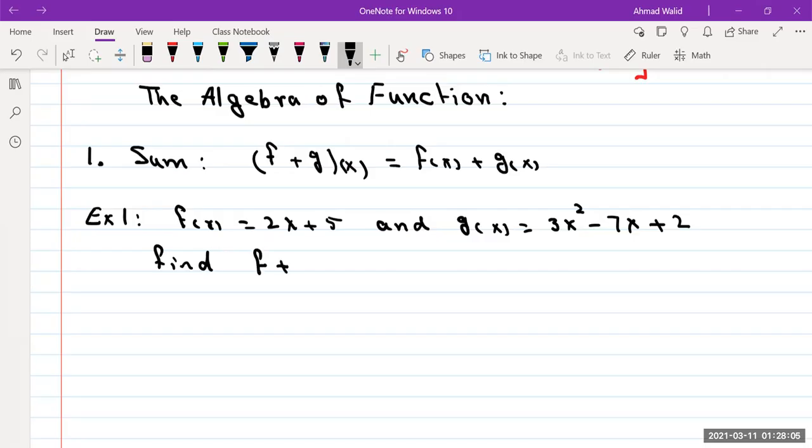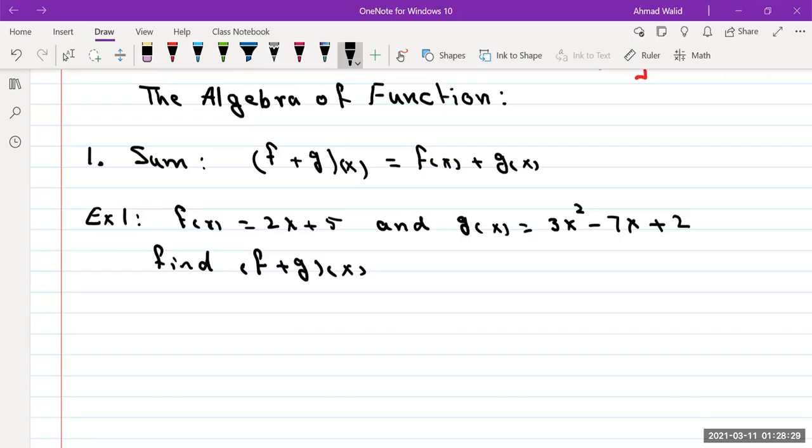f plus g. In some books, they give you all of it, find f plus g of x. In some books, they do only this, find f plus g. But it's better to write it this way, find f plus g of x, correct? No problem, it's really easy.